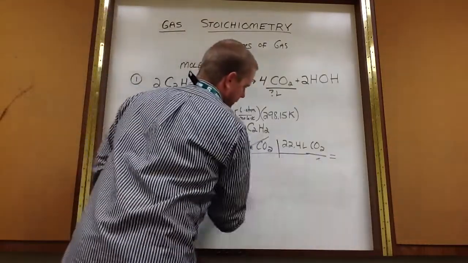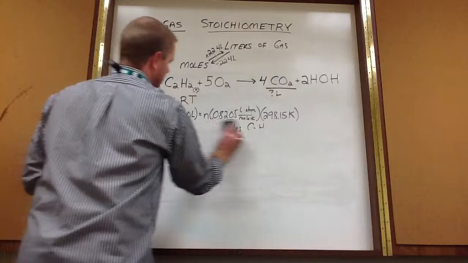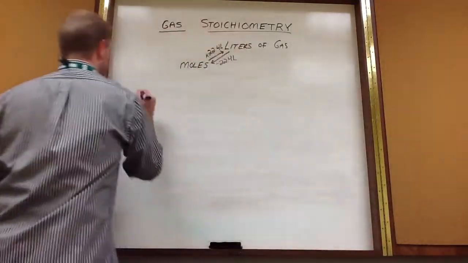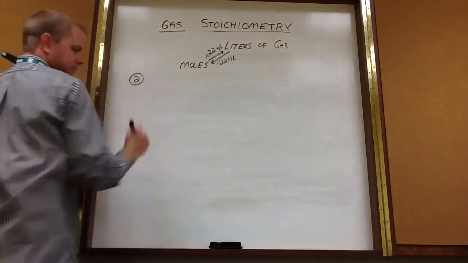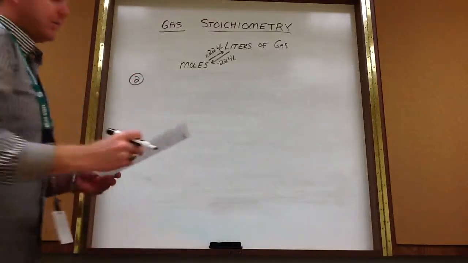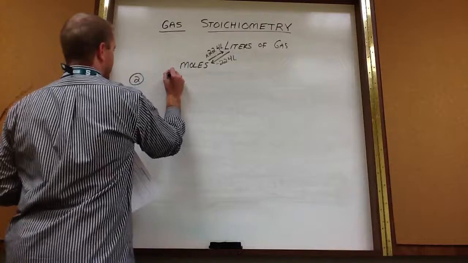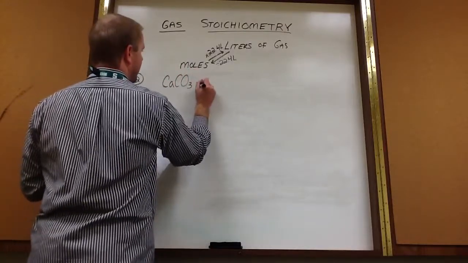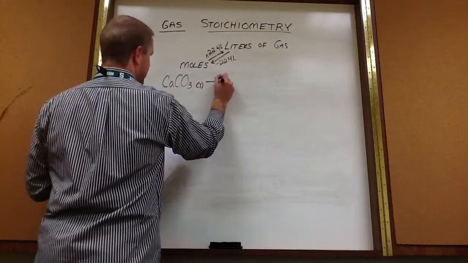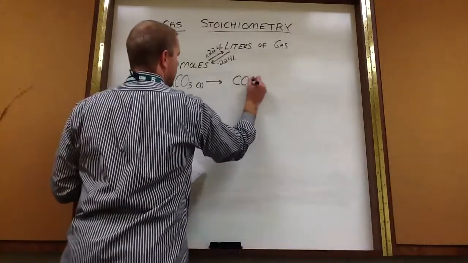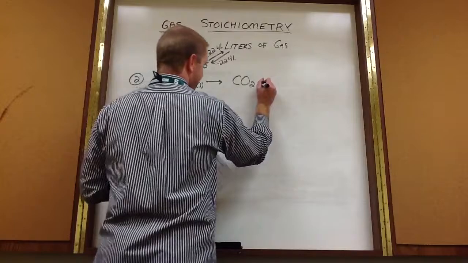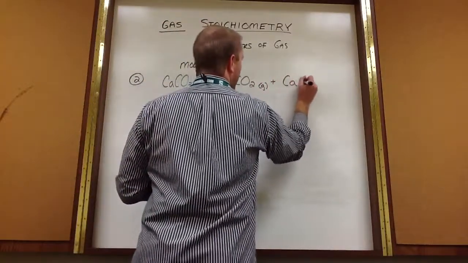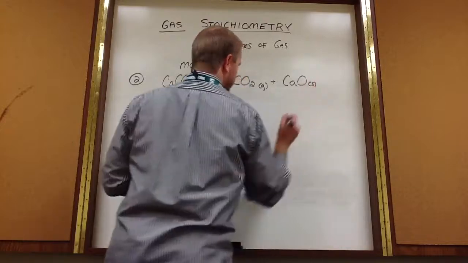Let's go ahead and do another one. Number 2. Then I'm going to set you free. So number 2 says you have CaCO3, calcium carbonate, and that is a solid, decomposing into carbon dioxide gas plus CaO solid.